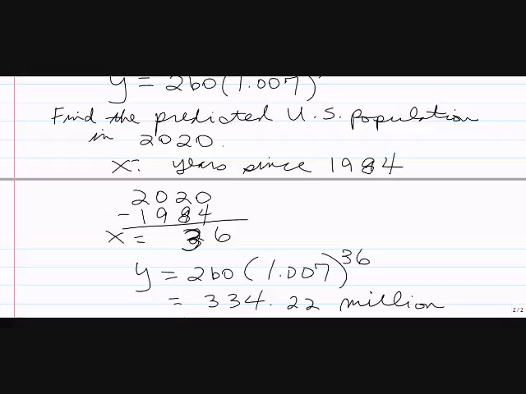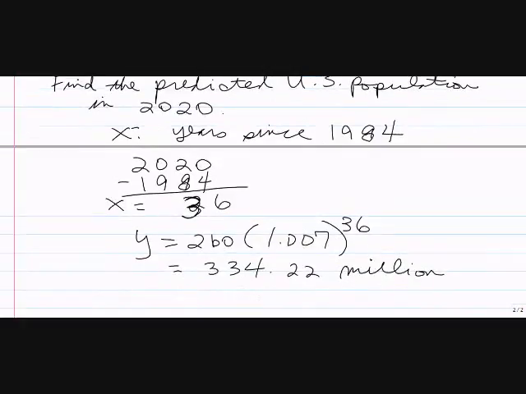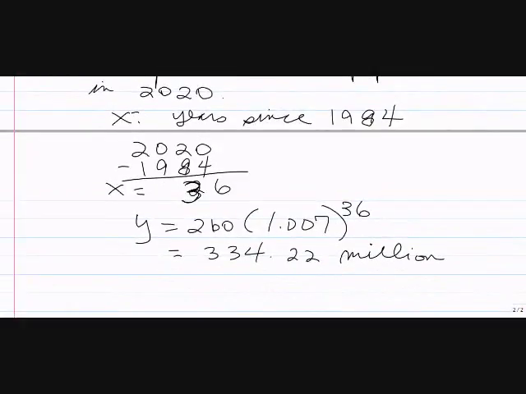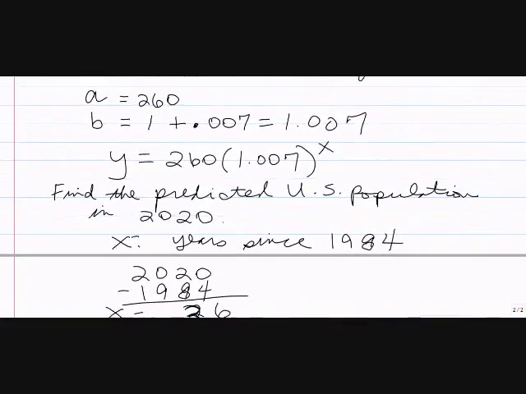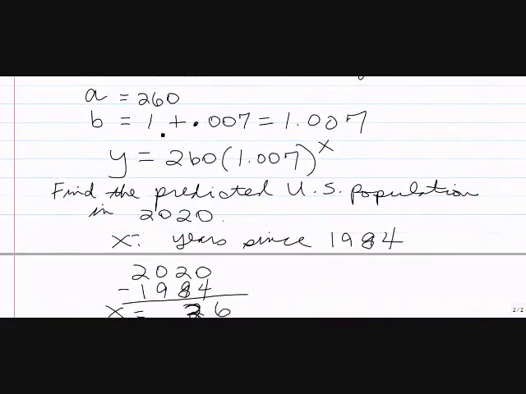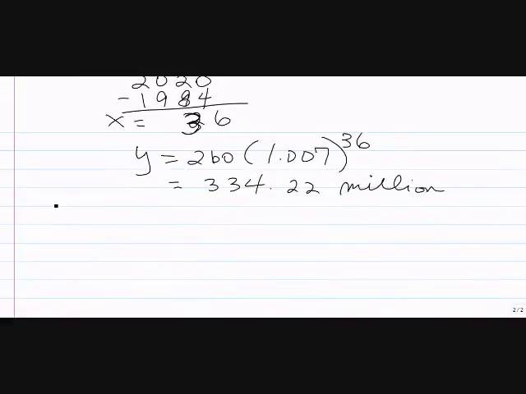Okay. And you'll have some other word problems to do like this. Some of them will be decay. So if we are doing exponential decay, your b isn't 1 plus 0.007, it's 1 minus 0.007. So I'll put this in red writing.